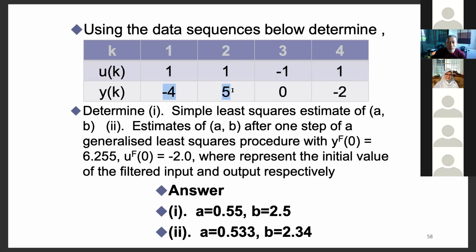And then yk minus 4, 5, 0, and 2. So the data is different, the question is the same. And the initial value is not 0 anymore. It is 6.255 and minus 2.0 as the initial conditions of the filtering value. I don't have the solution, so I leave it to you to try. The answers are given in slide 58.